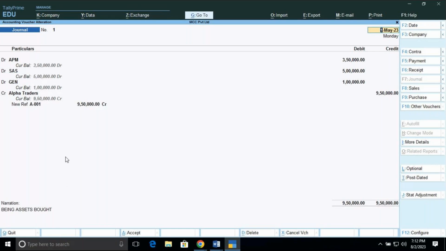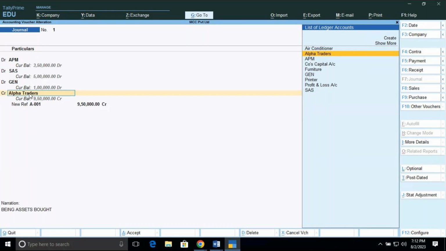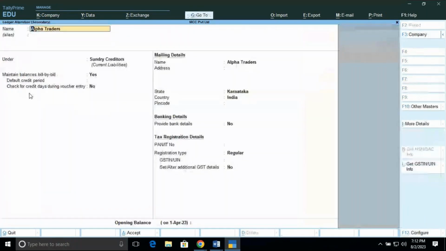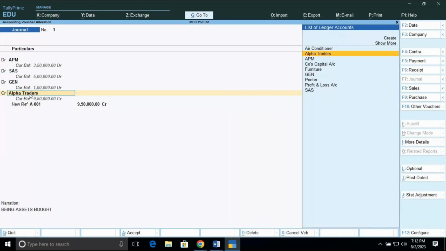One more point I would like to tell you is Alpha Traders. Place the cursor on Alpha Traders and say Control Enter. All of you write down: you place the cursor on any master and say Control Enter.